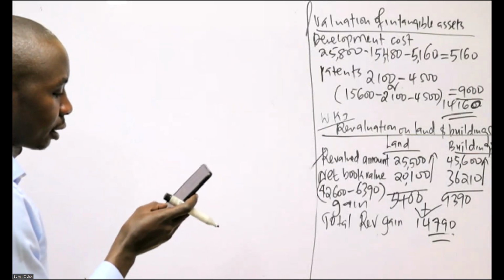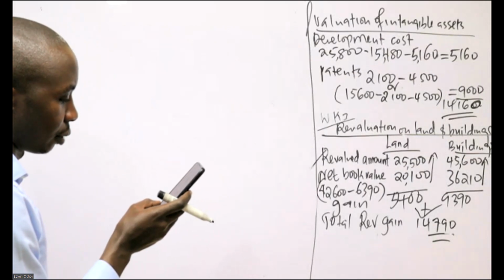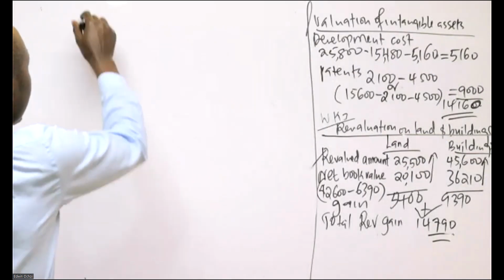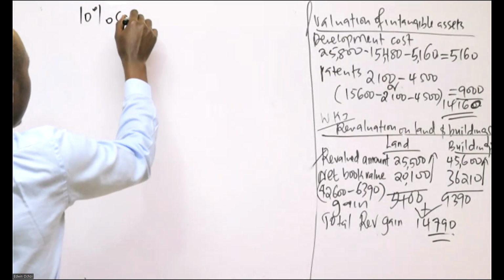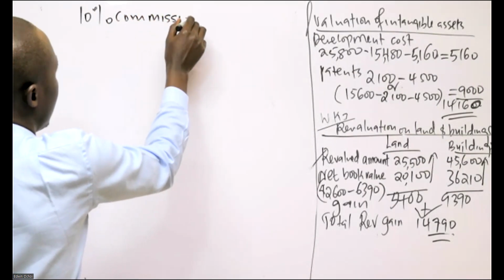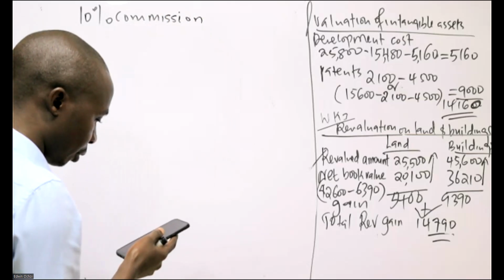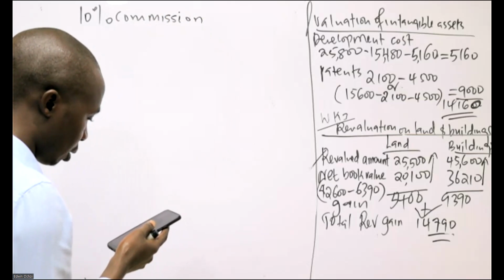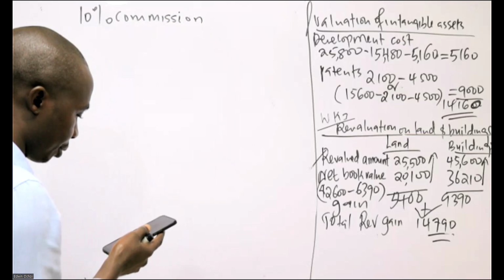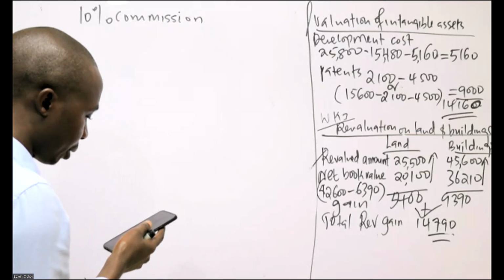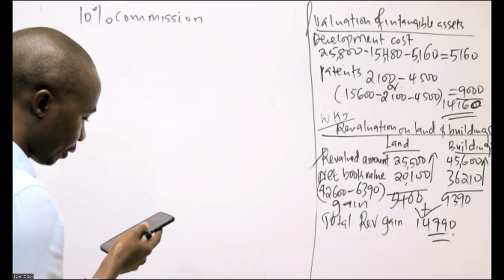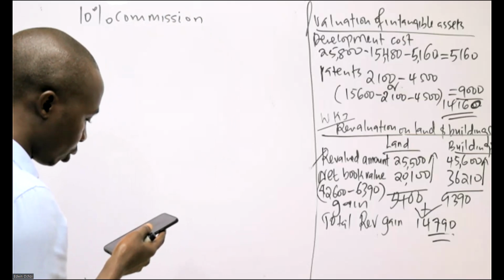Savannah was acting as a sales agent. He was entitled to a commission of 10% on sales made on behalf of Majani. The net proceeds from the sale, after deducting the commission, are remitted to Majani.